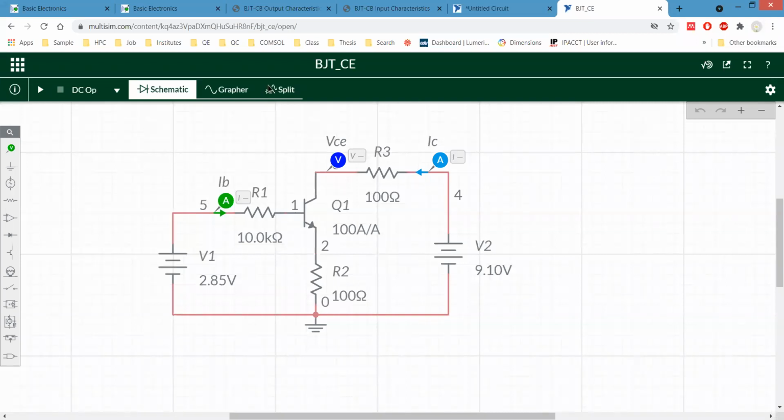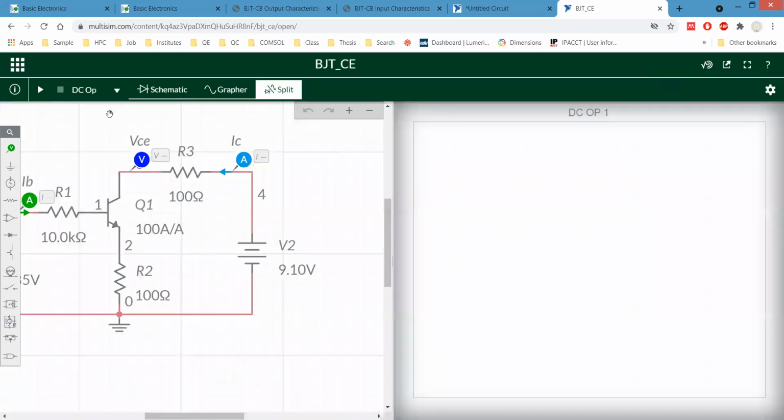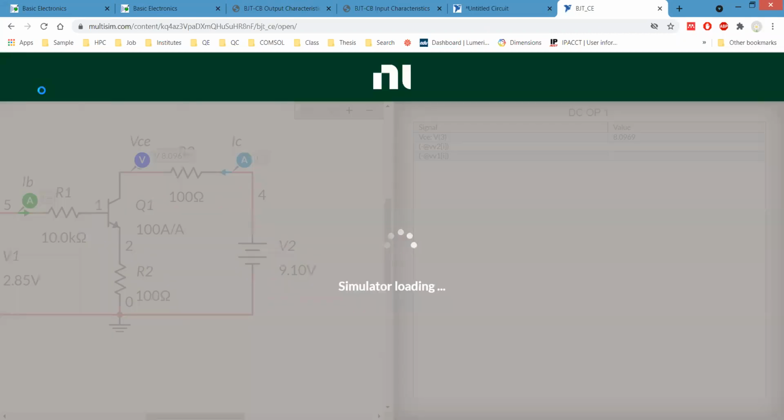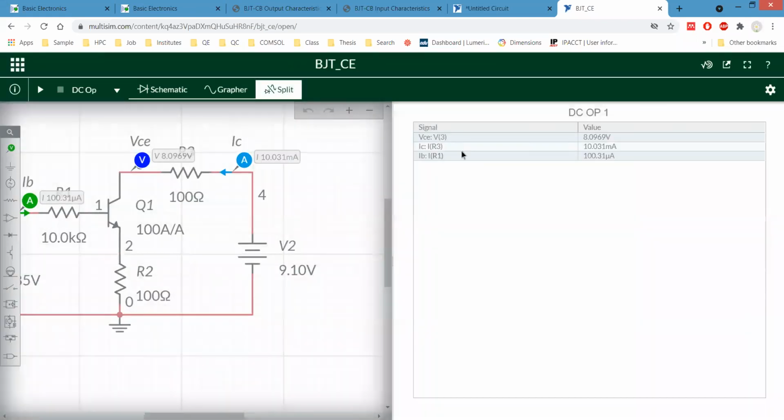In this case, if we run it, then what was the current? It was in milliamps, microamps initially, then if we increase it, IB is in microampere and IC is in milliampere.